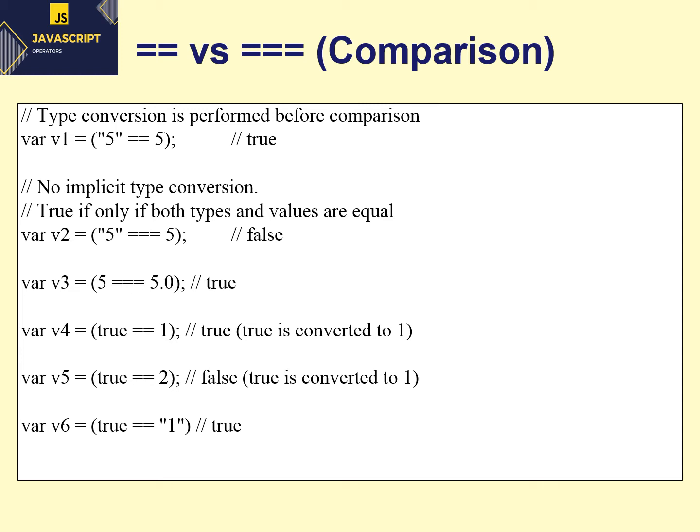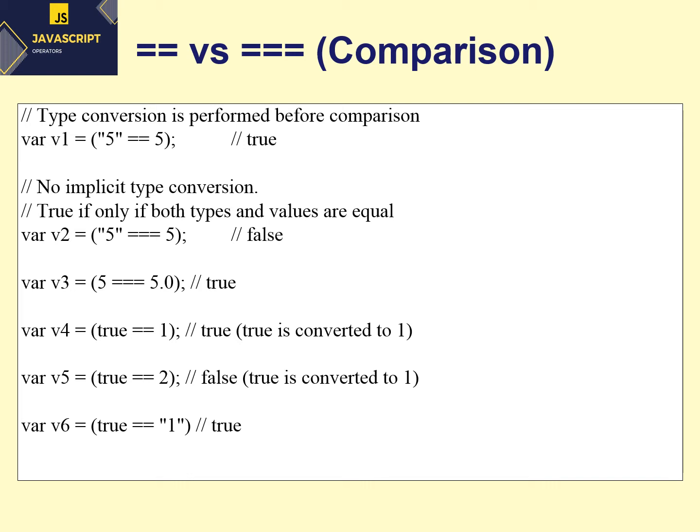Now move on to the third expression. Variable v3 is equal to 5 triple equal to 5.0. If you are using triple equal to comparison operator, it will check the value as well as the corresponding data type. If you are looking at the operands, one is 5 and another is 5.0.